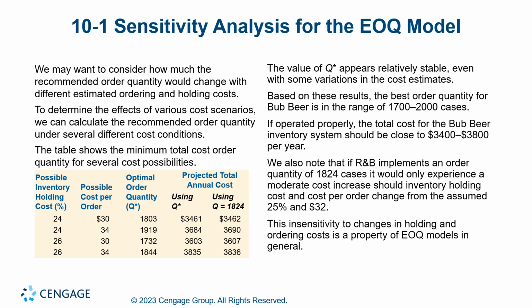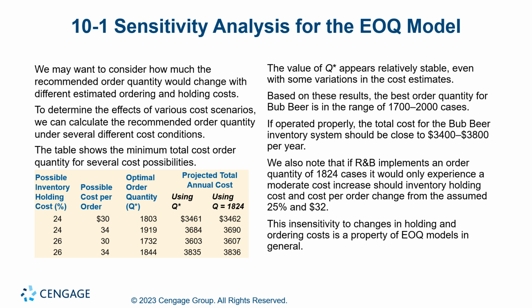We just consider 4 circumstances here, in which there are 2 possible inventory holding costs, 24 and 26, and 2 possible costs per order, which are 30 and 34. Of course, we can simulate many more if we really want to, but let's talk about the sensitivity analysis. As you can see from this table, the value of the Q optimal appears relatively stable, even with some variations in the cost estimates.